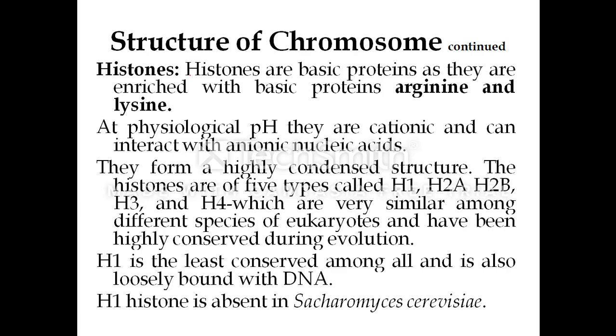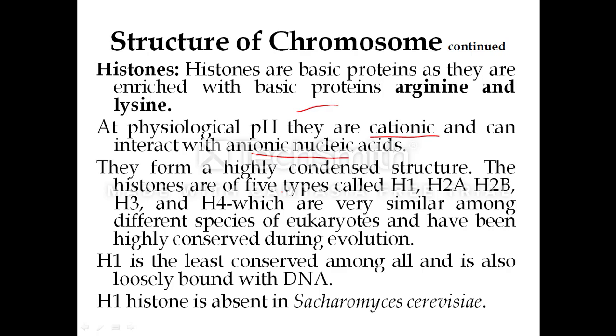If you take up the histone proteins, histones are basic proteins as they are enriched with basic amino acids like arginine and lysine. At physiological pH, they are cationic and can interact with anionic nucleic acids. They form a highly condensed structure.